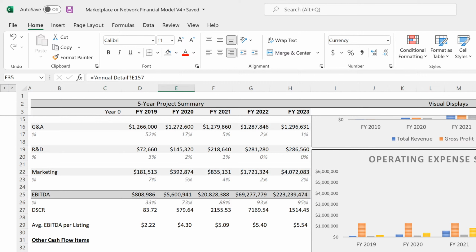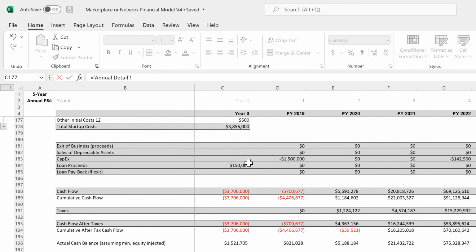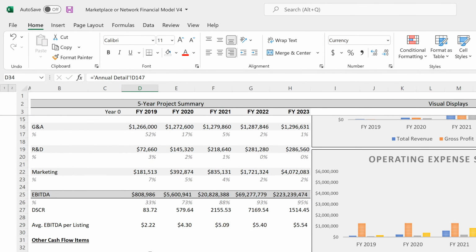Investor funding looks correct. CapEx, we got to update. This is good. This is good. Startup costs, exit. So loan proceeds, loan payback, we can update to sale of depreciable assets.